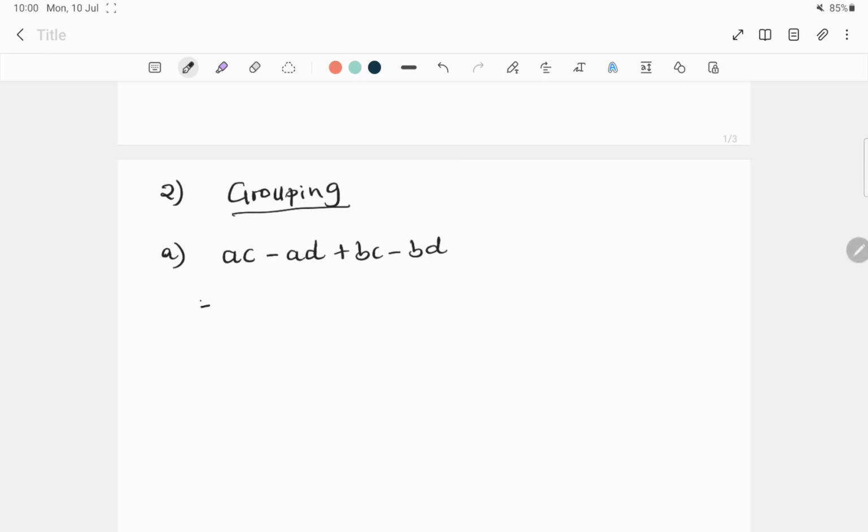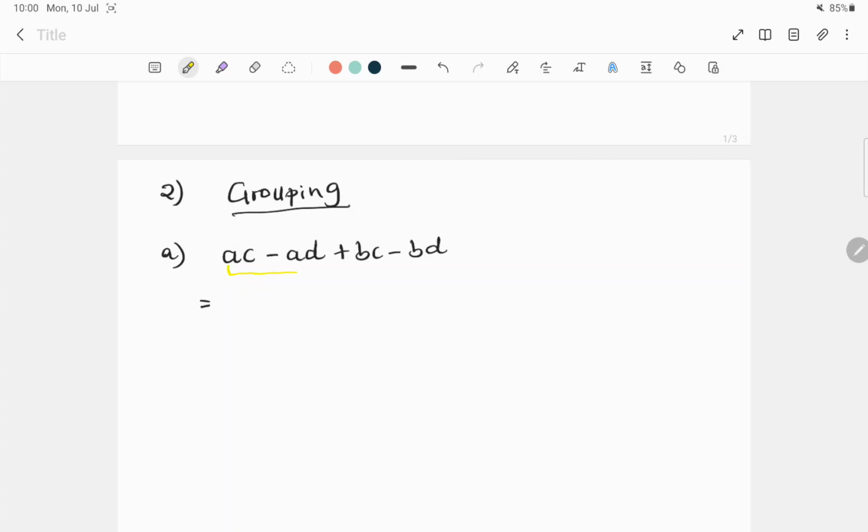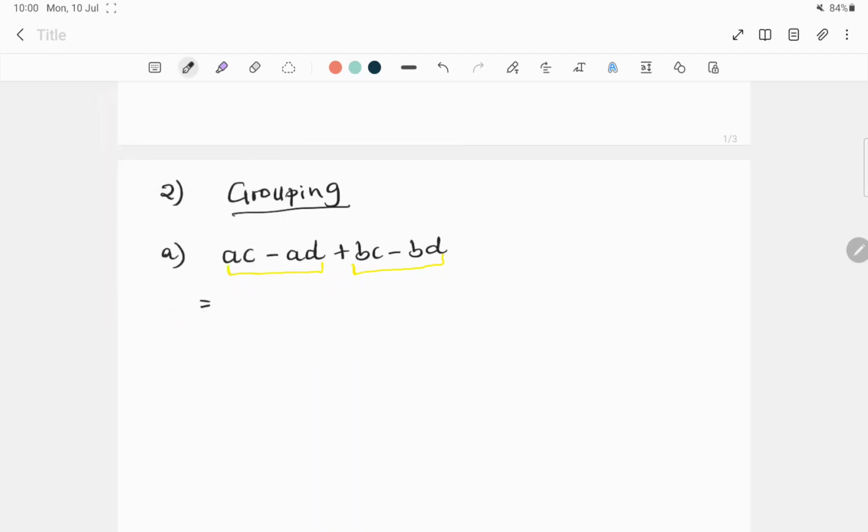In grouping, the first step, you group the first 2 terms together, and the last 2 terms together. Then you take out a common factor. Remember, we've just done common factor previously. You take out the common factor in your first 2 terms. What is common?